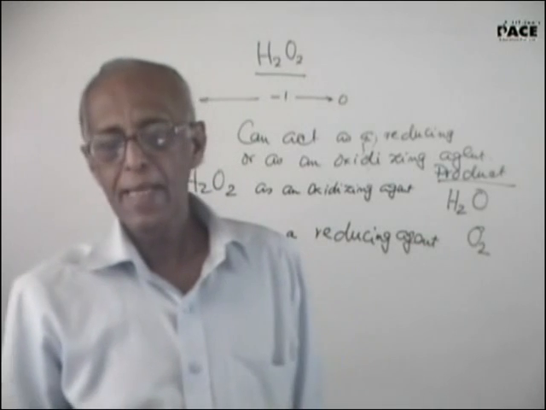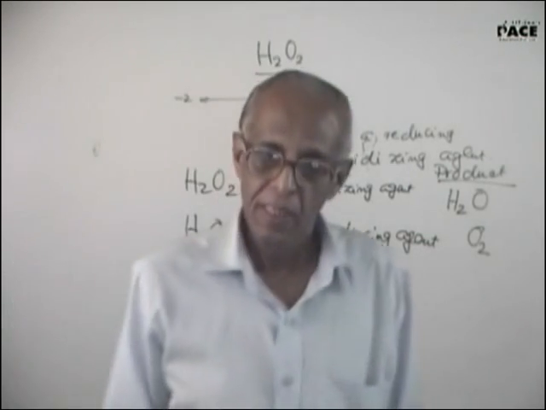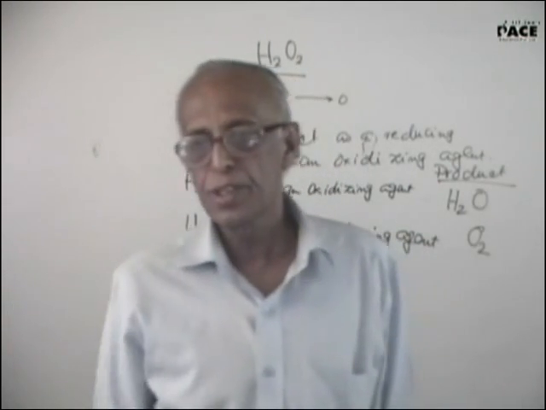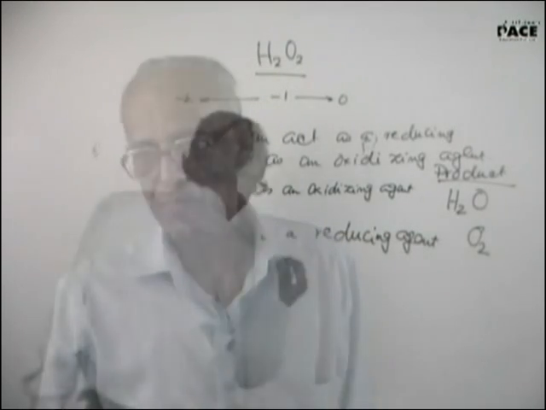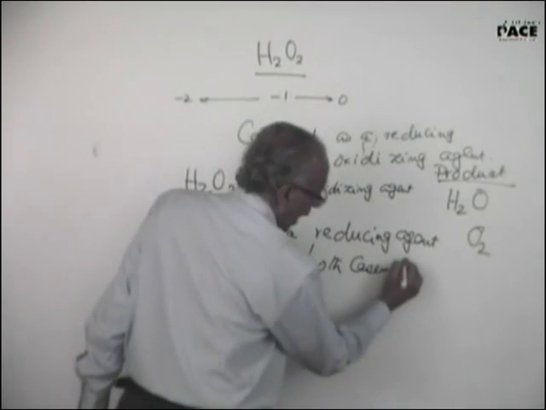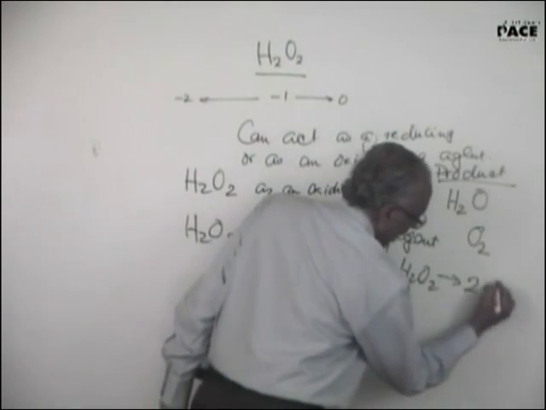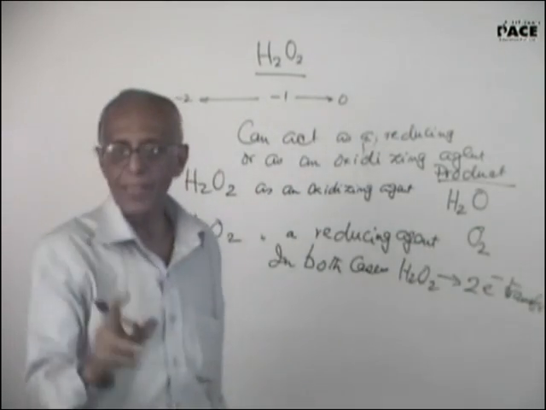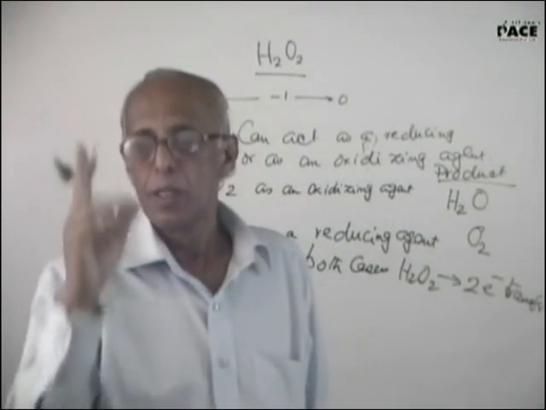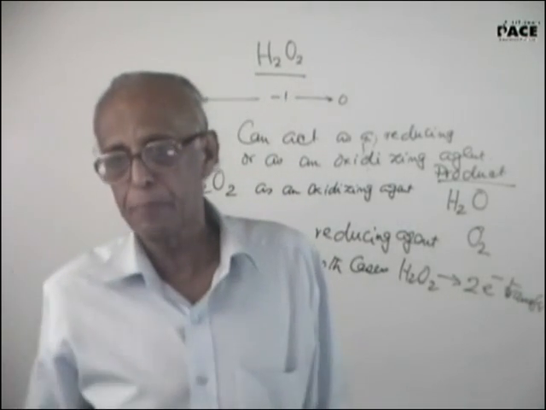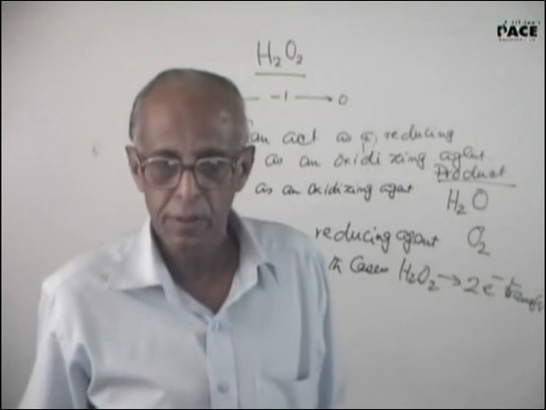When it acts as a reducing agent, it gets oxidized and the product is oxygen. In both cases, hydrogen peroxide involves 2 electron transfer. So you will use 2 electrons per mole of hydrogen peroxide for any reaction.